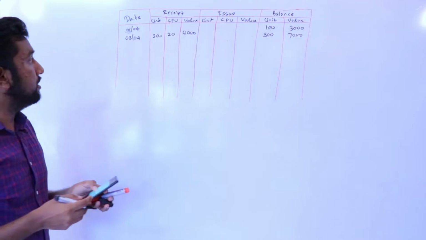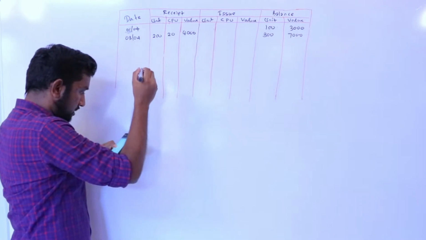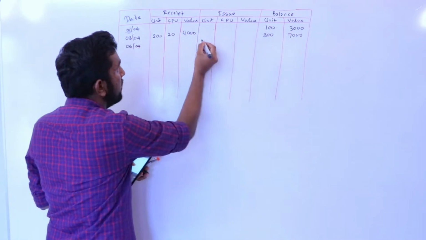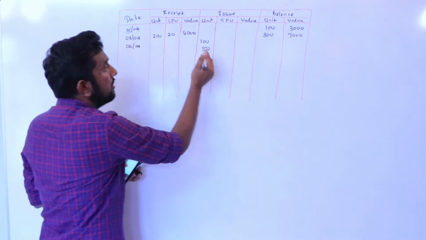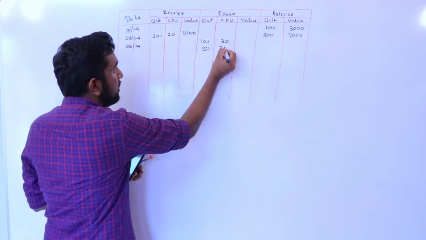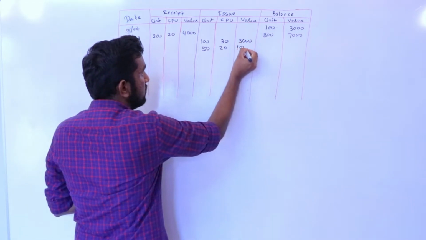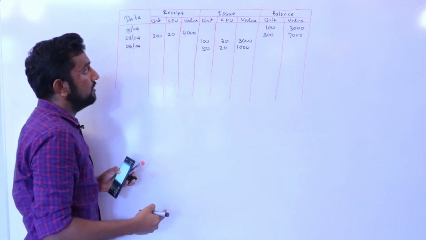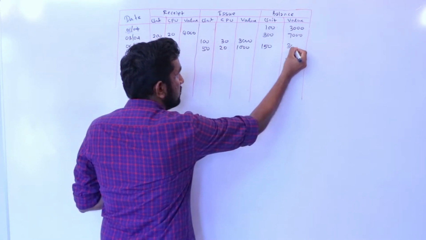Then I am issuing 150 on 6th of April. I have to take 100 from the opening balance and 50 from here. So 100 at 30, 50 at 20. This is 3,000 and this is 1,000. So total is 4,000 we are issuing and quantity is 150. Therefore my balance is also 150.